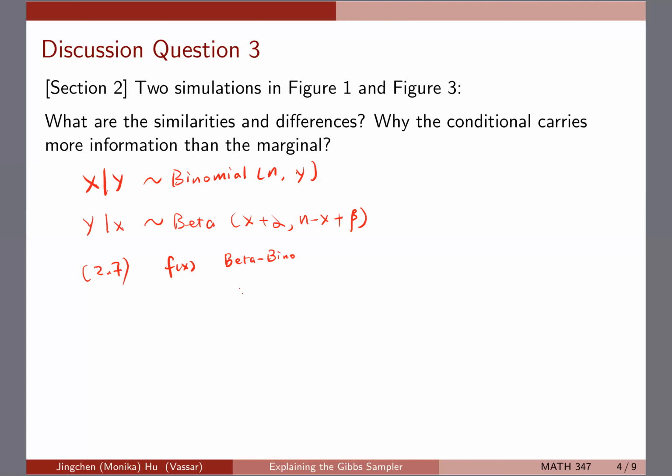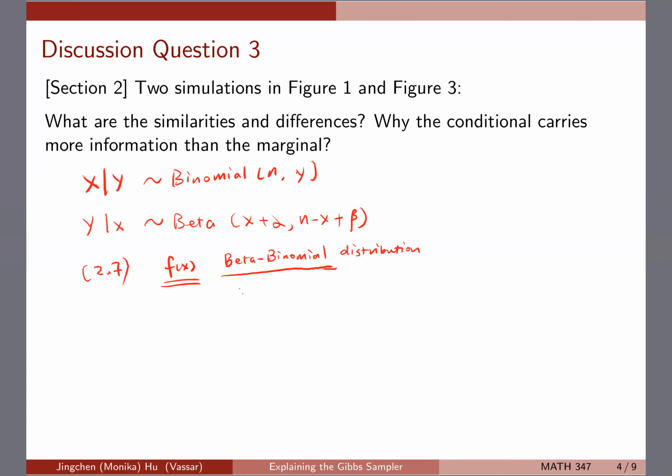In the past, when we're referring to beta binomial, we're talking about the binomial data model with a beta prior. Okay, that's the conjugacy that we're talking about. This is a new distribution that they're talking about. So that means the marginal distribution of fx is analytically available. That is a known distribution.